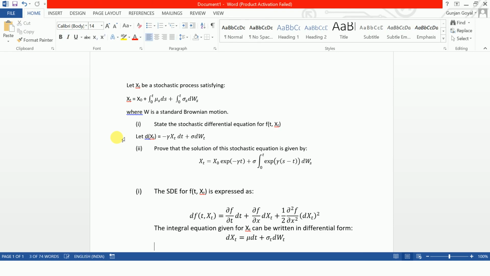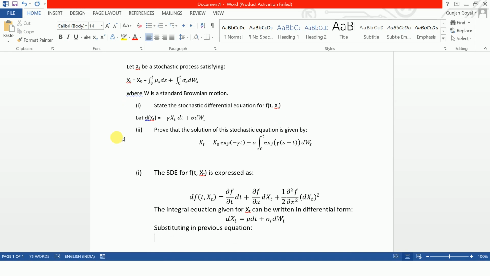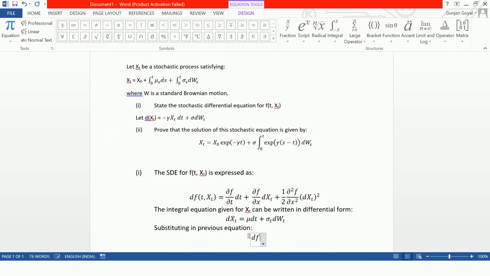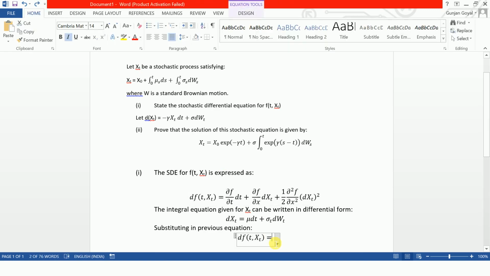Now next you need to substitute this in the previous equation. So again, substituting in the previous equation, press Alt equal to df(t, X_t), which you can copy directly from above, you don't need to write. I'll just copy del f del t dt, plus del f del x, I need up till here, so I'll copy till here and paste it here.